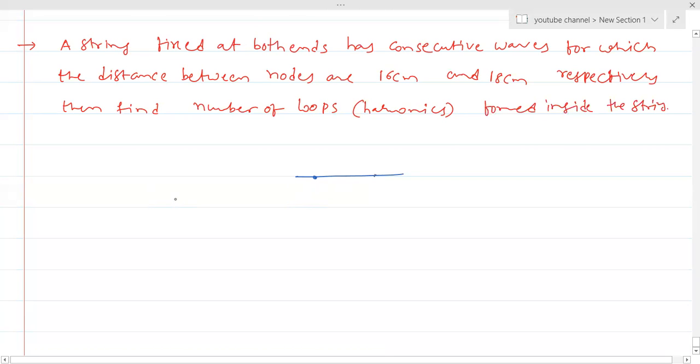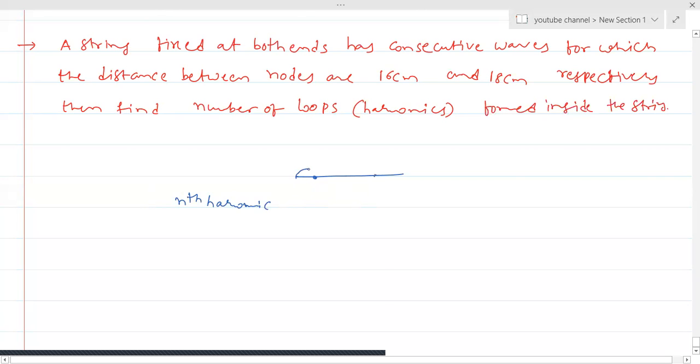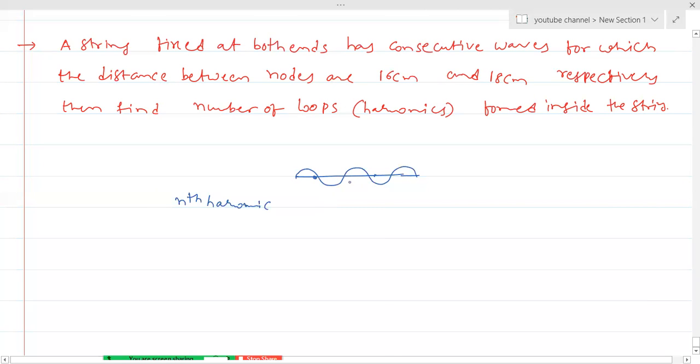Suppose we are taking the nth harmonic. Consecutive wave means first we are focusing on a wave, the first wave.